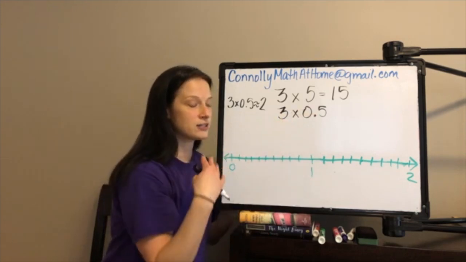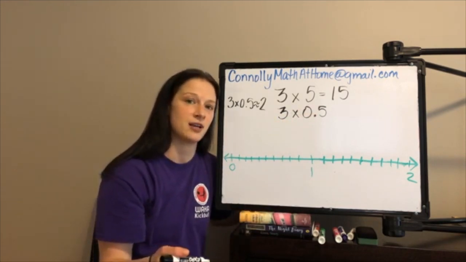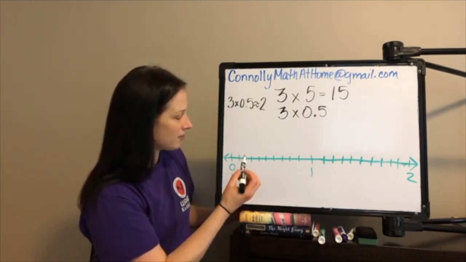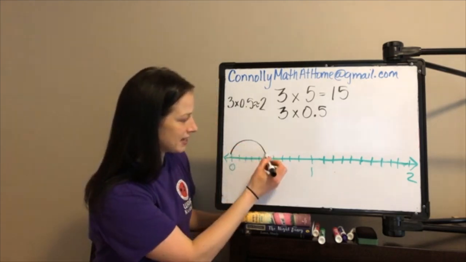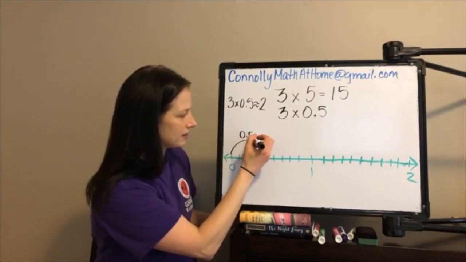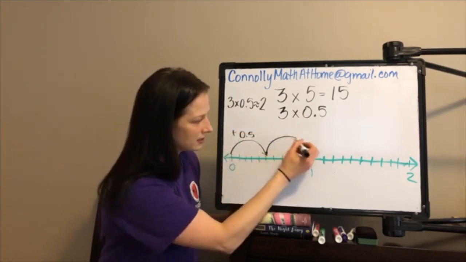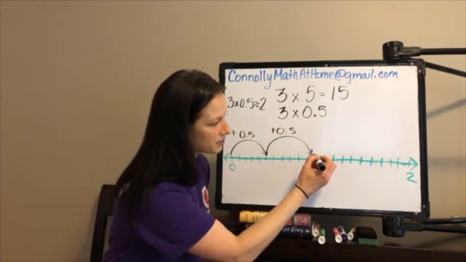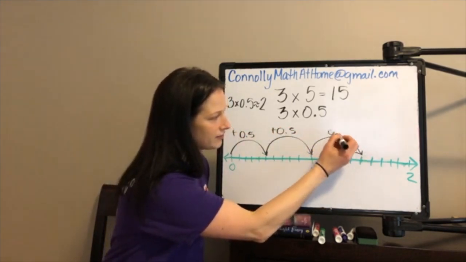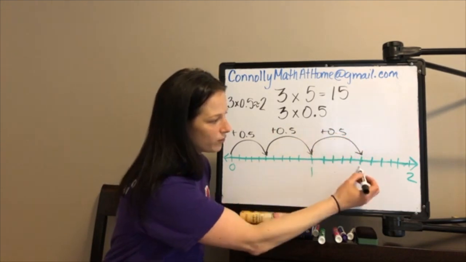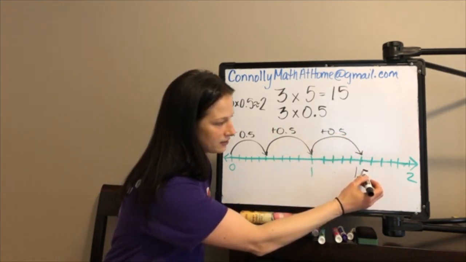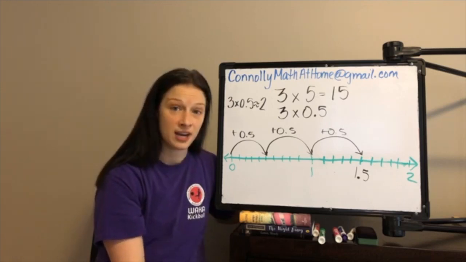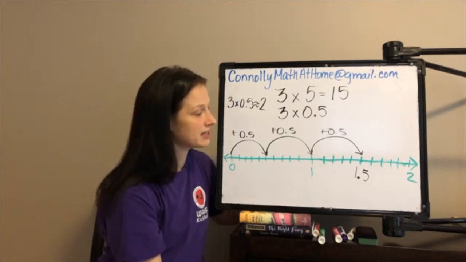Anyways, so let's look at what repeated addition looks like with decimals, because that's something that you can use right now. So if I was going to add 5/10, plus 5/10, plus another 5/10. And where do I end up landing here? 1 and 5/10. So then I check my estimate and say, does that make sense?